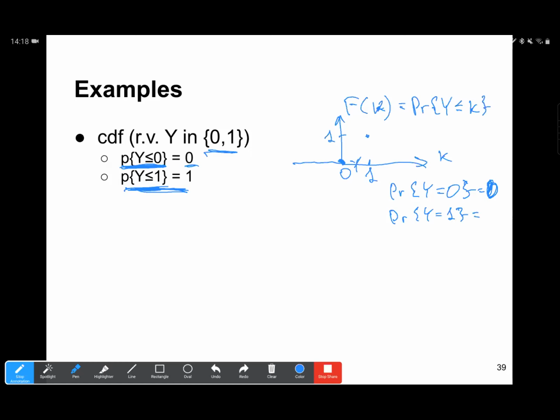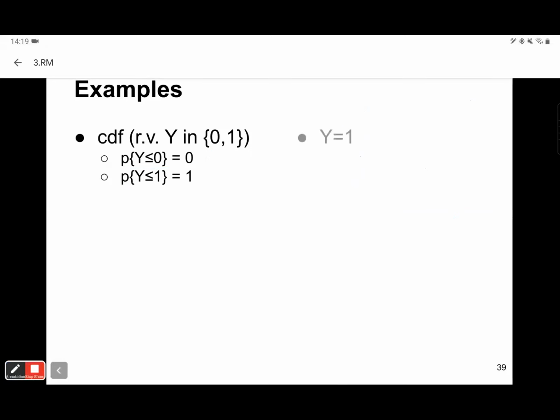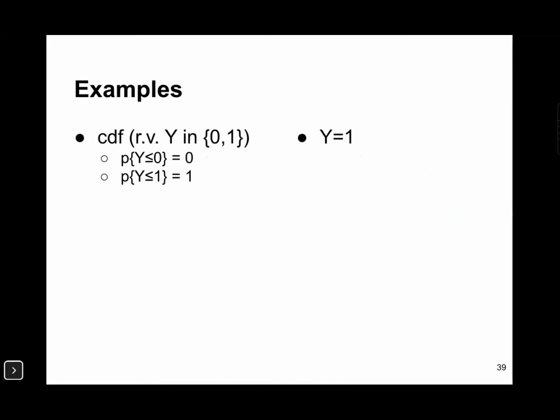It's a discrete random variable, so it can only equal 1. So all in all, this is not a very interesting random variable. It's not very random. Well, this variable is always equal to 1. Okay, but that's the simplest example of a cumulative distribution function and a random variable.